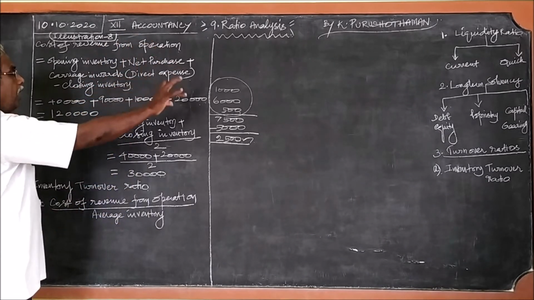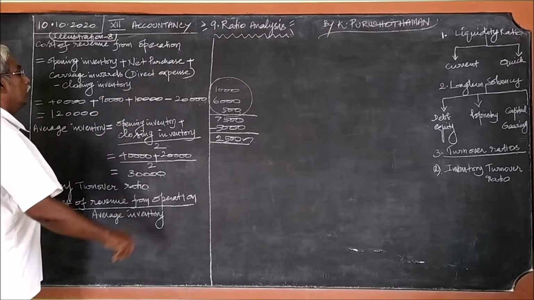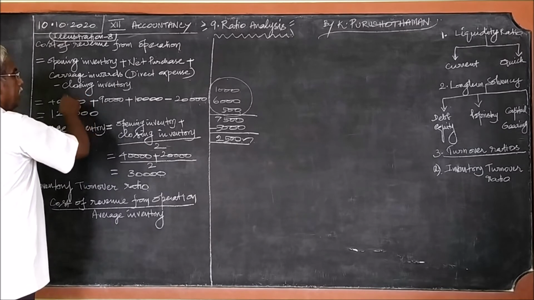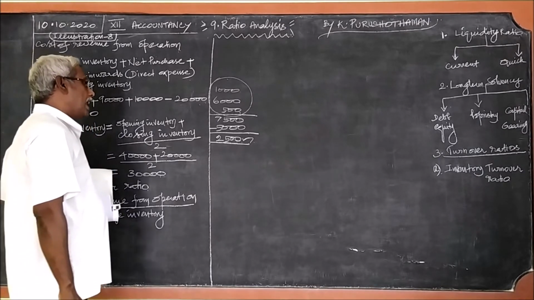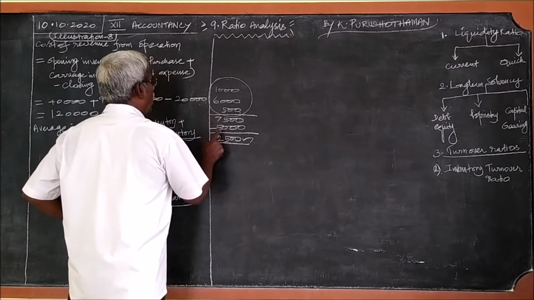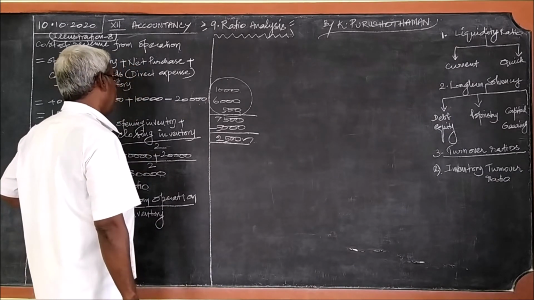This is the total amount spent. What is the stock available at the end? It is only 5,000, and therefore the balance amount should be the income what we got. That is revenue we avail.